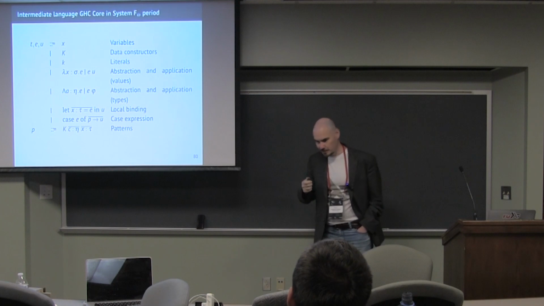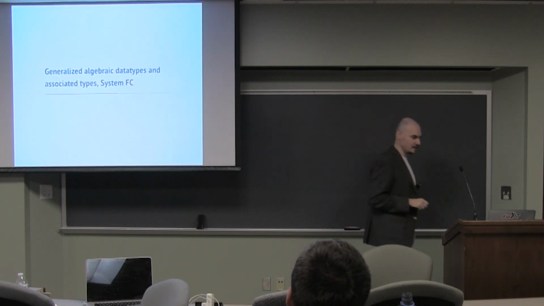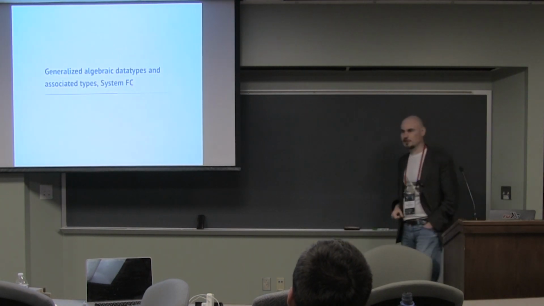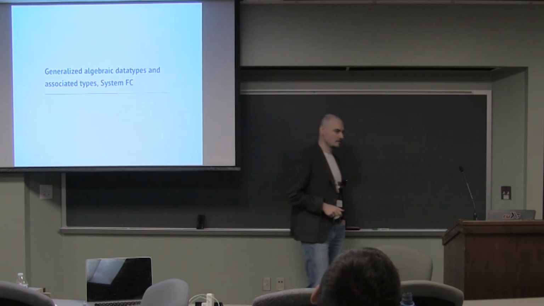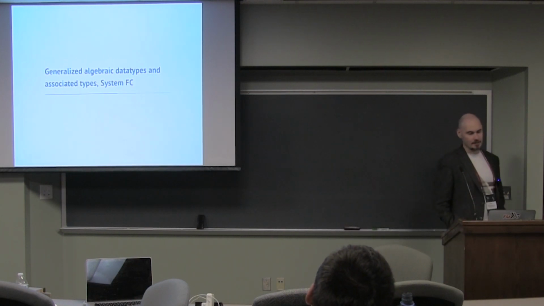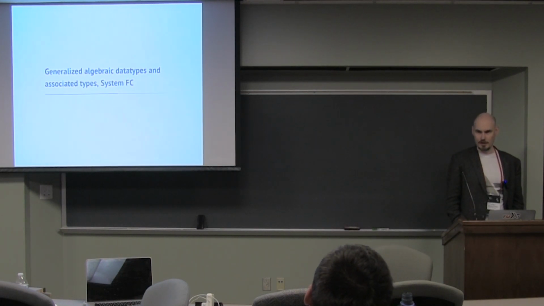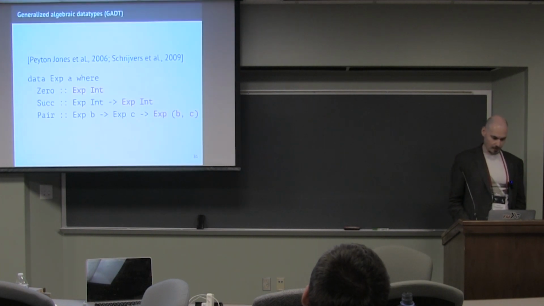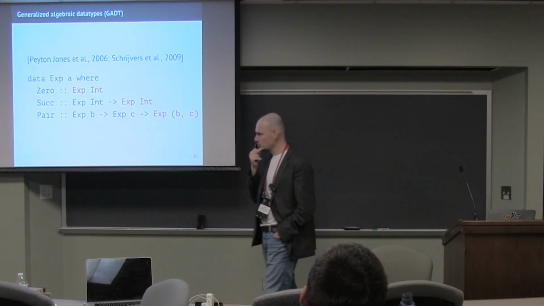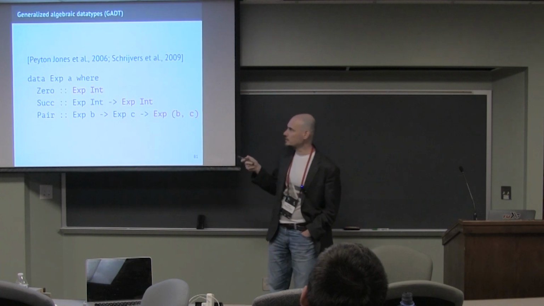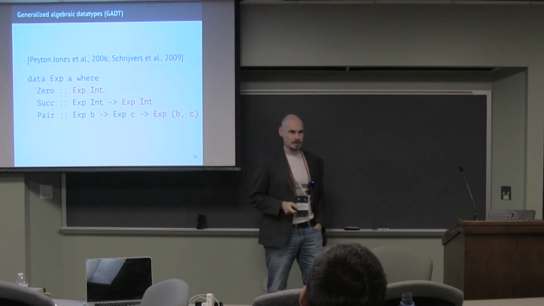But then we had to extend it. The first and the biggest extension of this GHC Core was the introduction of generalized algebraic data types and associated types. And the system we came up with was System FC. The actual story is a little bit different. This paper of Peyton Jones and others in 2006 introduced generalized algebraic data types.